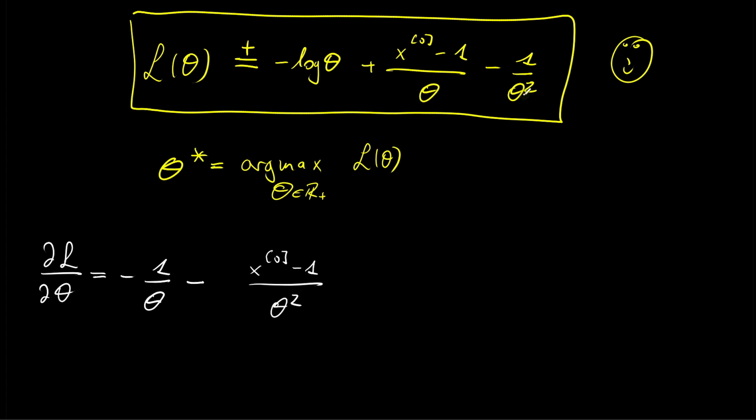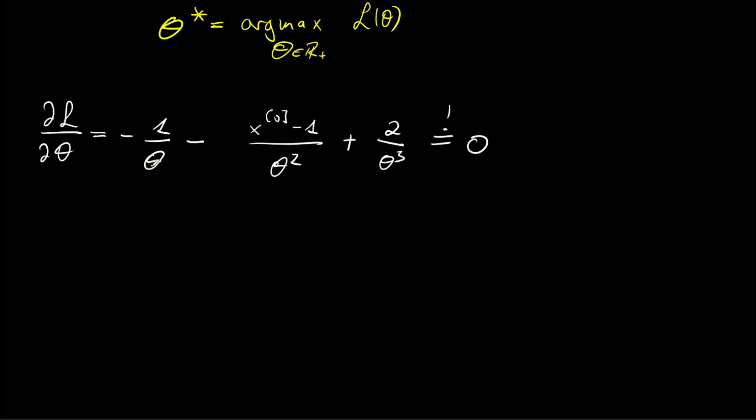And then here we have the derivative of theta to the minus 2, which gives us plus 2 over theta to the third power. And this has to be equal to 0. Let's multiply with theta cubed in order to get it out of our denominator. So we will get minus theta squared minus x0 minus 1 times theta plus 2 is 0.